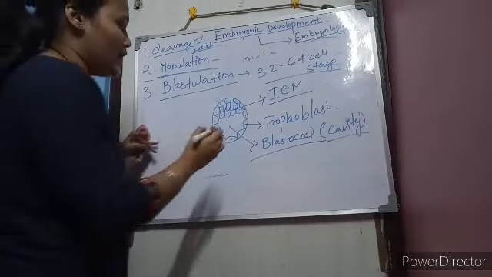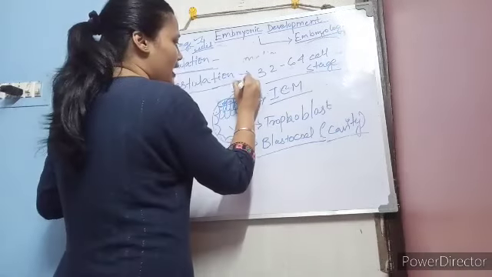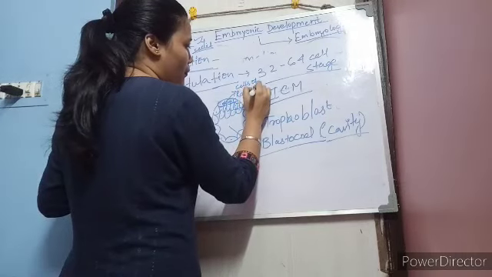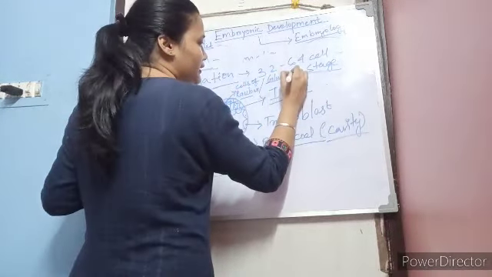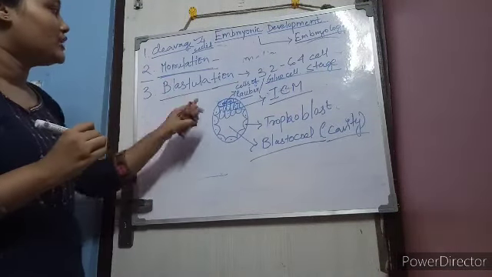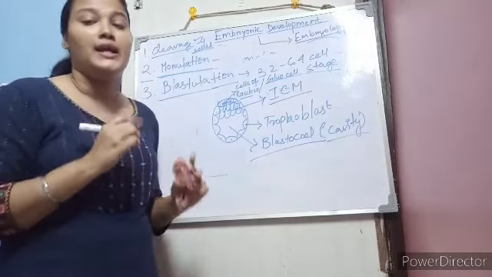Now inside the blastula, we can see on this part there are cells of rubber, or we can also say glue cells. Why is blastulation important? Because after blastulation, implantation will take place.